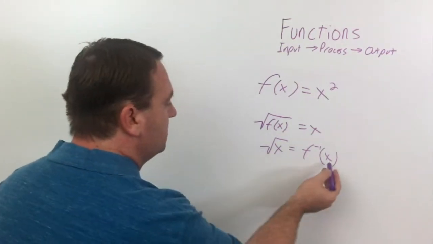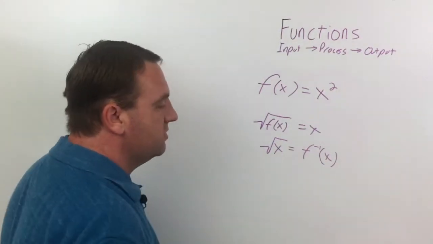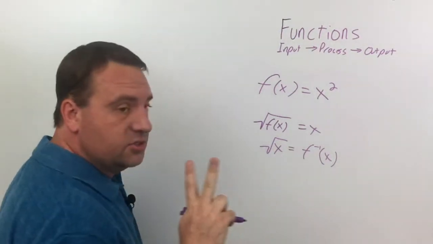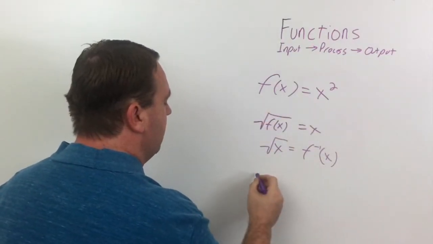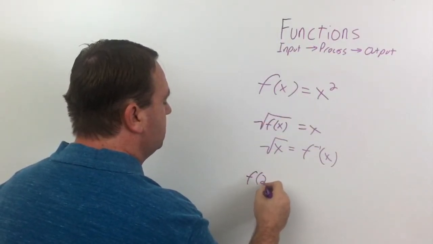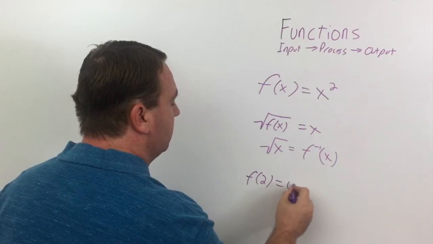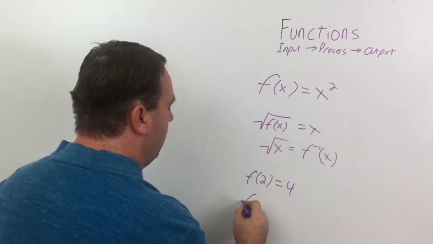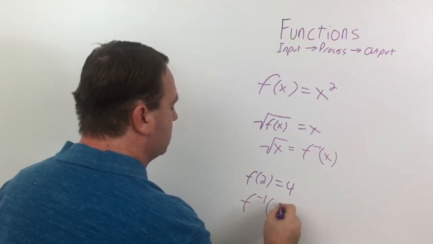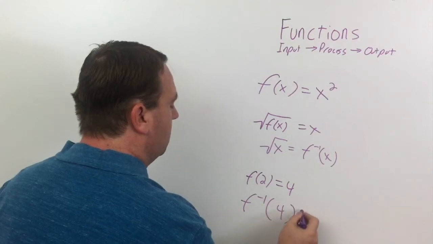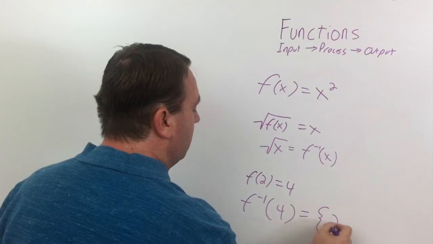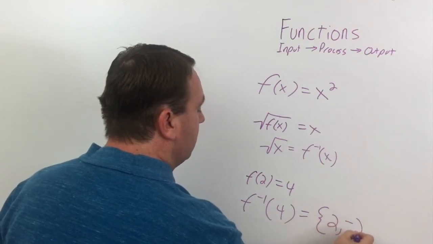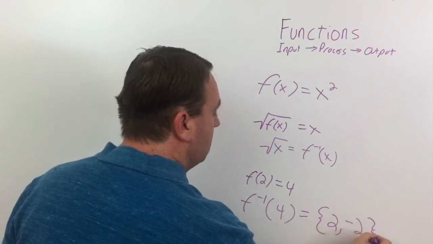So it looks like a function, but it actually has two results. If I say f of 2, I do in fact get 4, but what happens when I do the inverse function? Well, 2 is one of the values I get back, but I also get back negative 2.